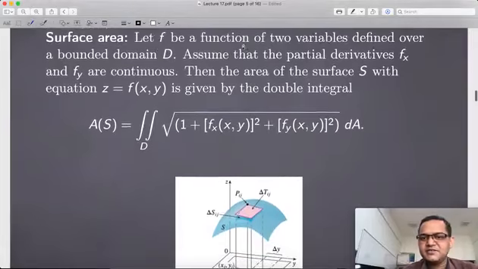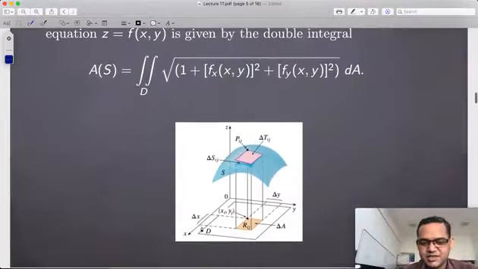So we had a function of two variables which was defined over some domain. This was the situation, that this is the domain and this is the surface. Our goal was to find the area of this surface, isn't it? What we did, we looked at small rectangles in the domain, and then their corresponding images on this surface. Then we tried to approximate them by parallelograms, isn't it?